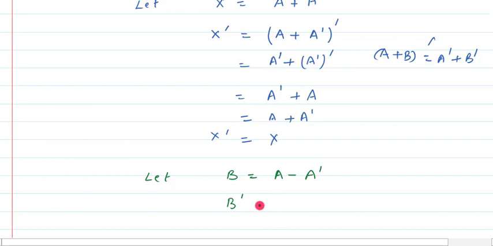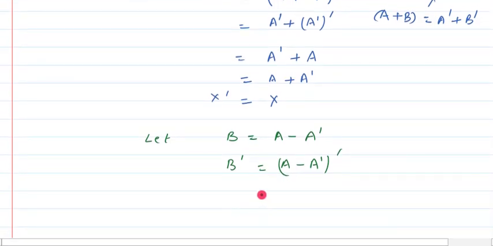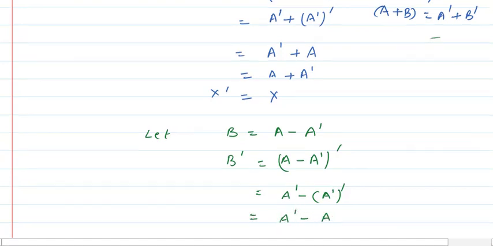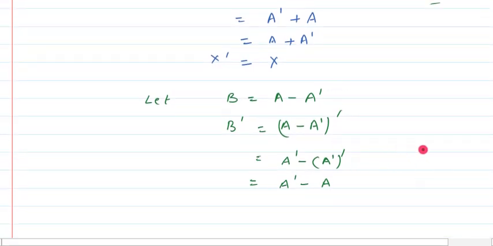Let us calculate the transpose of B. It is equal to A minus A transpose and whole transpose, which can be further written as A transpose minus A transpose whole transpose by the same property we have used here, which is equal to A transpose minus A. This is by using property number 1, the transpose of the transpose of a matrix is equal to the matrix itself.